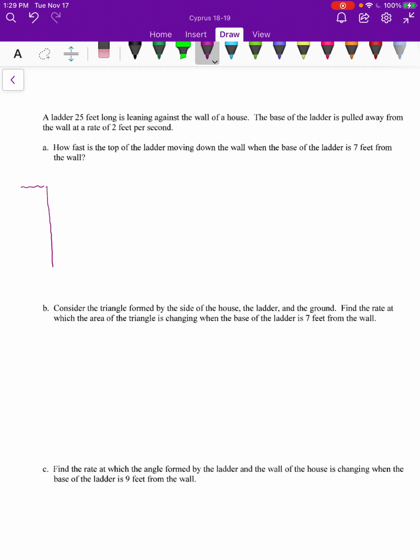So we have a house. I'm just going to draw the edge of the house. That is my house. We have a ladder leaning up against the house, like so. And they tell me that the ladder is 25 feet long.